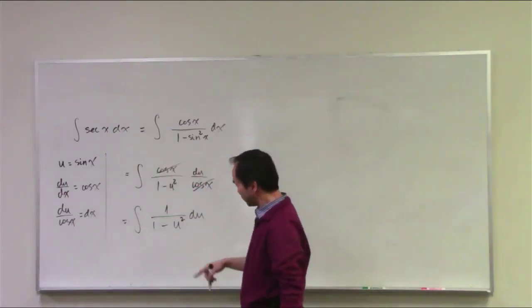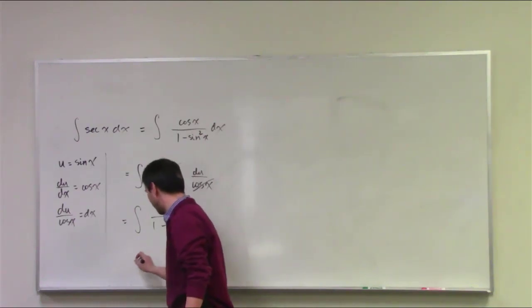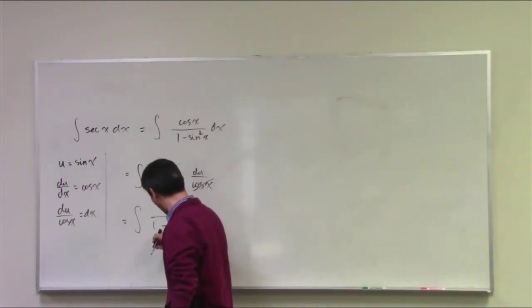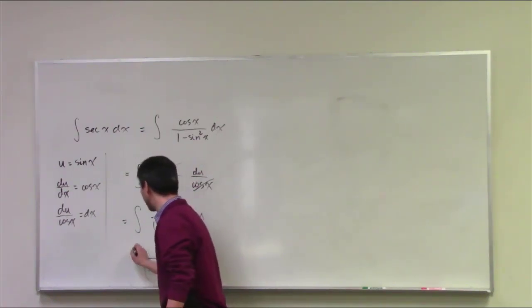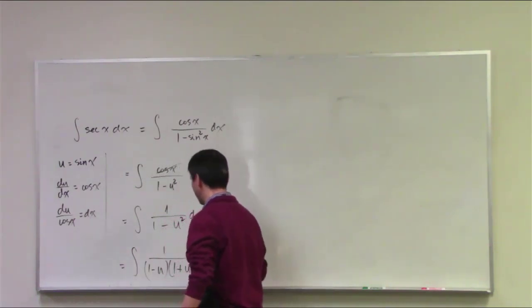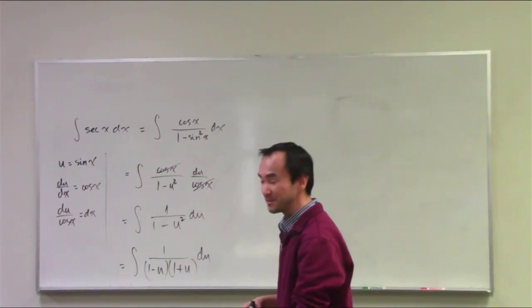And then we remember we can use partial fraction decomposition. So 1 minus u squared in factored form is 1 minus u times 1 plus u.